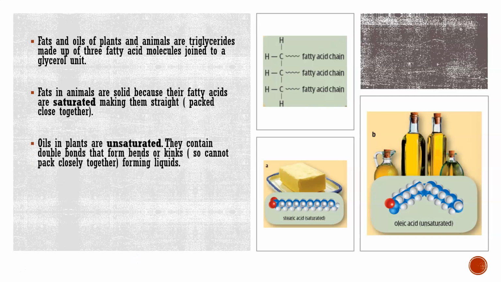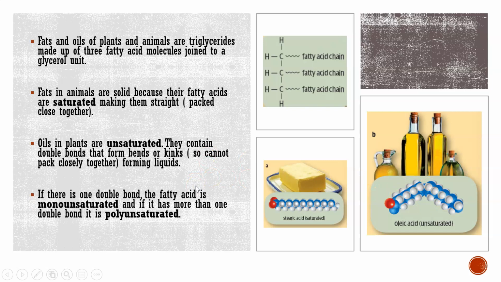Okay, oils in plants are what we call unsaturated, and this is because they contain double bonds that form bends or kinks, so they cannot pack close together, therefore they form liquids. So we've got our saturated molecule here, which is that straight molecule, and our unsaturated molecule here, which has those double bonds forming those kinks, meaning it can't compact closely together, so unsaturated being those liquids.